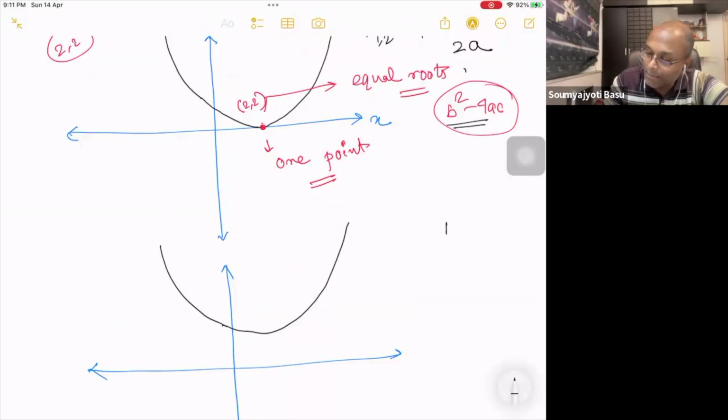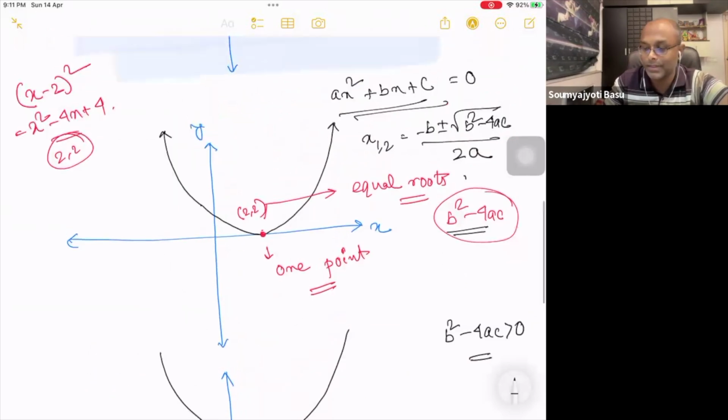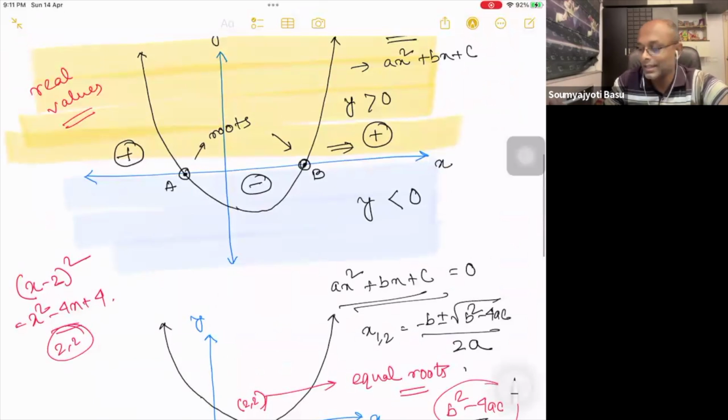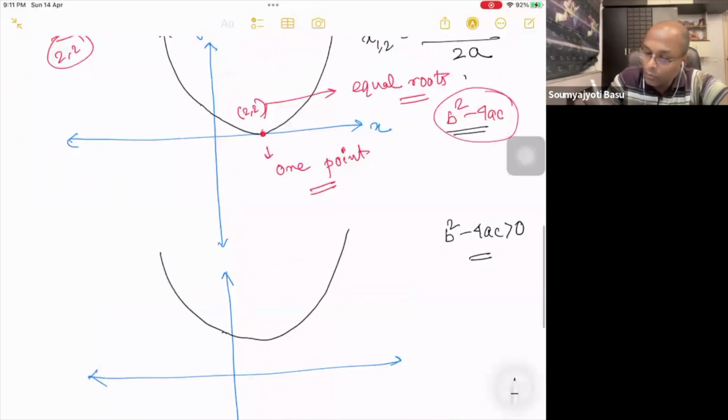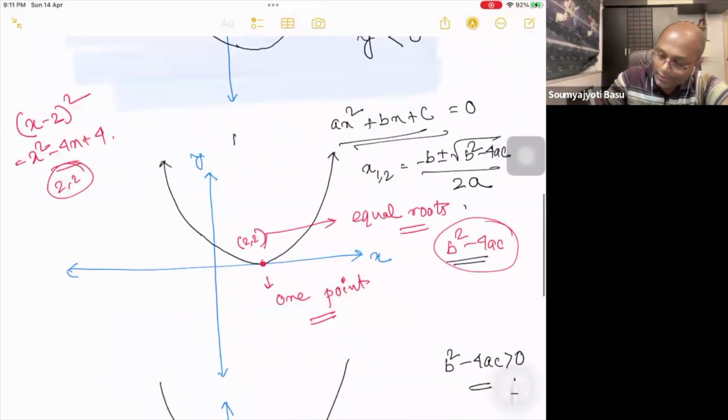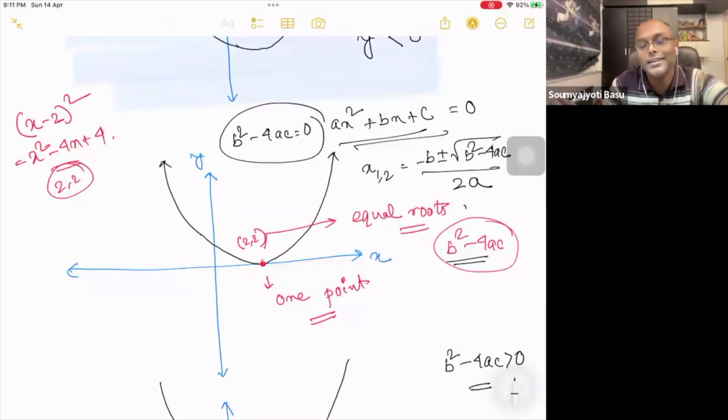If b square minus 4ac is greater than 0, from quadratic equation, what do we know? We know that we have two distinct real roots. Case 1. If it is equal to 0, it must be the second case, right?